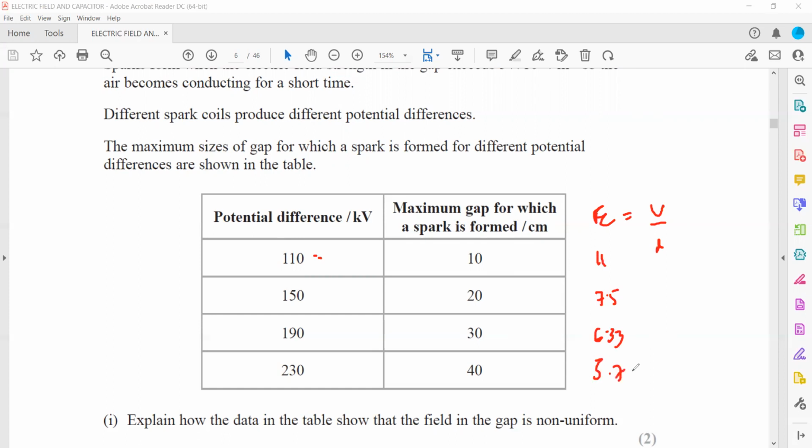So the electric field strength is not constant, as the values are not the same. But it is better to convert the units, kilovolts and centimeters, into SI volts and meters, and then use the values.